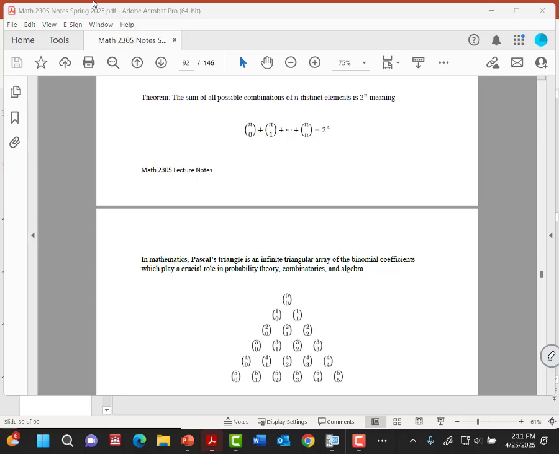So under this pizza situation, if you notice, we had 3 times 12 combination 0 plus 3 times 12 combination 1 plus 3 times 12 combination 2 plus 3 times 12 combination 3. And that's what we did under this pizza example.